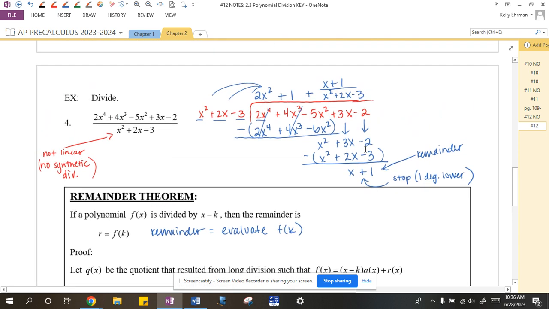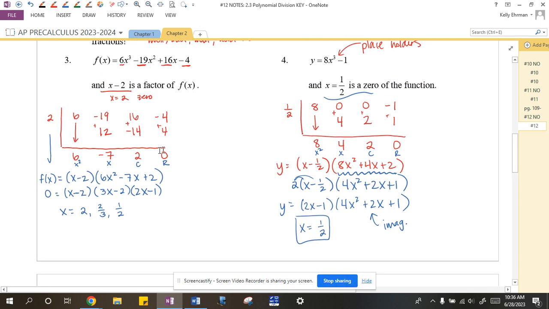It means if you go through synthetic division, back to these ones, if I say do synthetic division on f of x here, when x minus 2 is a factor, when x equals 2 is a 0, the fact that the remainder came out to 0, that means that f of 2 is equal to 0. If we plug 2 into this polynomial, it should calculate out to 0.